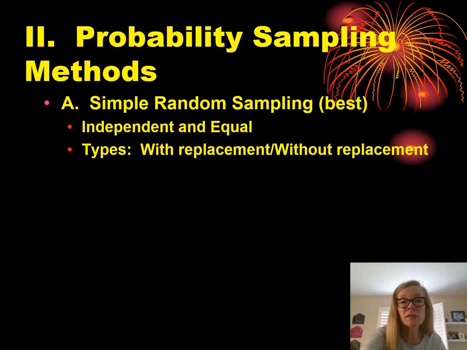And that is because simple random sampling requires that you set up a circumstance where every potential participant, in other words, every case of interest, has an equal and independent chance of being selected for your sample.